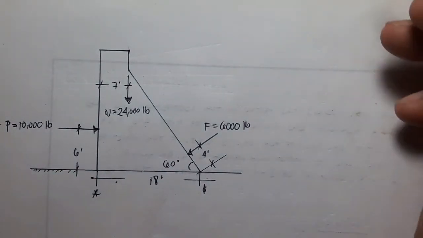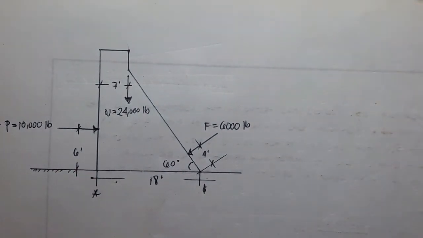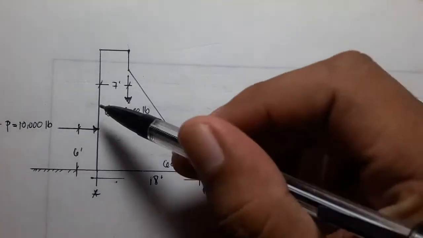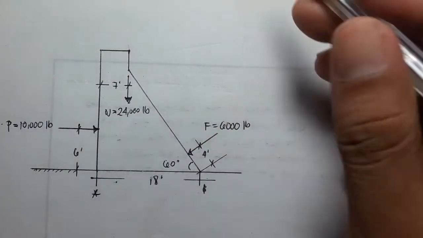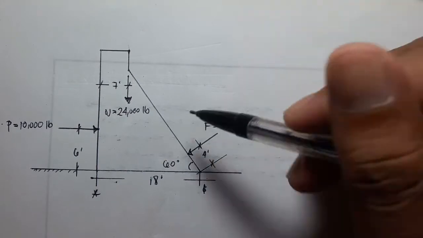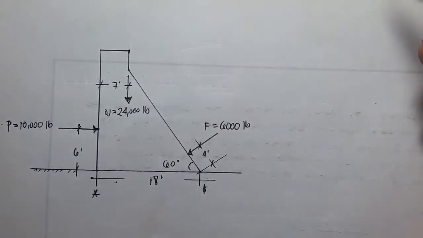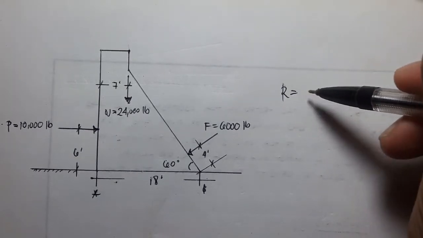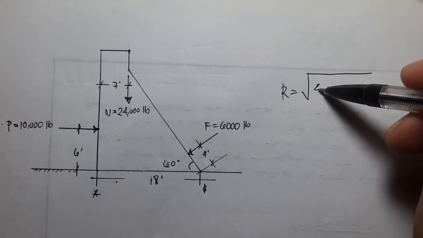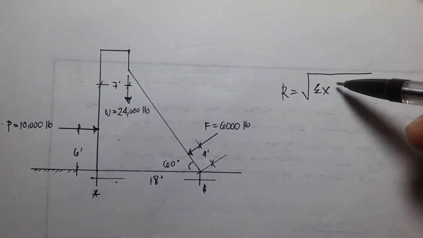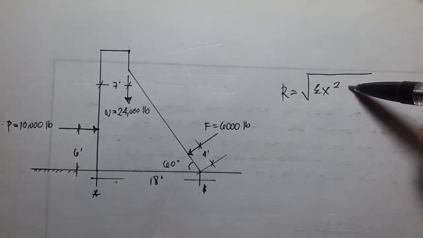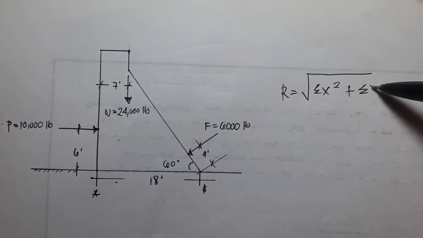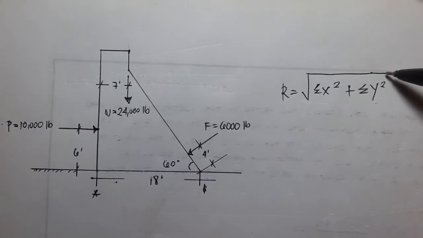First we will solve for the resultant, which is just the summation of these forces. We all know that the resultant is equal to the square root of the summation of forces x squared plus the summation of forces y squared.